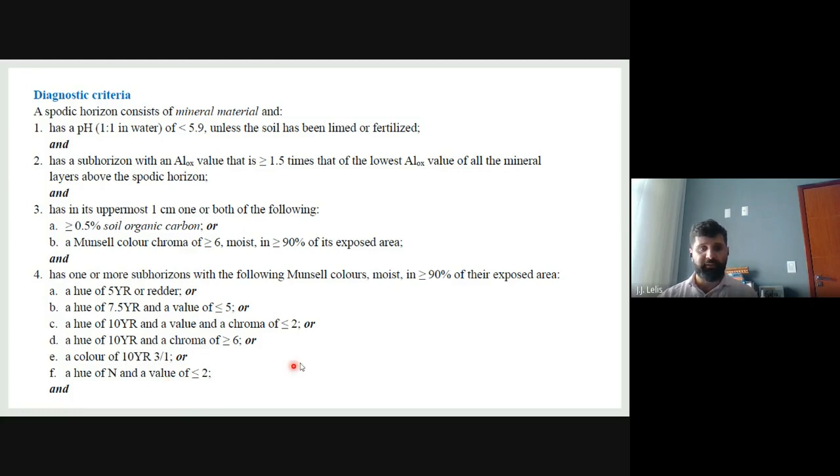So you can see the spodic horizon could present a very red color, a yellow color, gray colors, high values, low values, high chroma, low chroma. They could be very different between them, but they concentrate materials that migrate from the surface to the subsurface horizon.